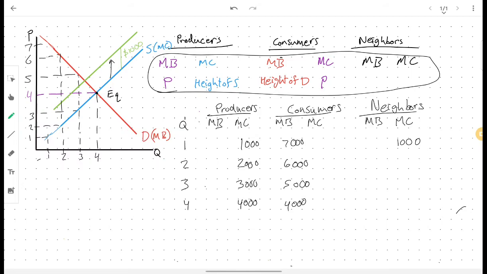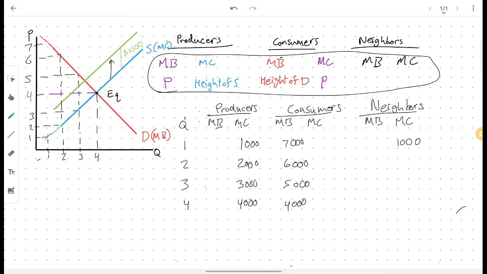So they have to give up money to employees to make a car. They have to give up money to whoever they're renting the land from. They have to give up money to their suppliers of metal, and they have to give up this payment from the neighbors if they make that car. So it raises their marginal costs.